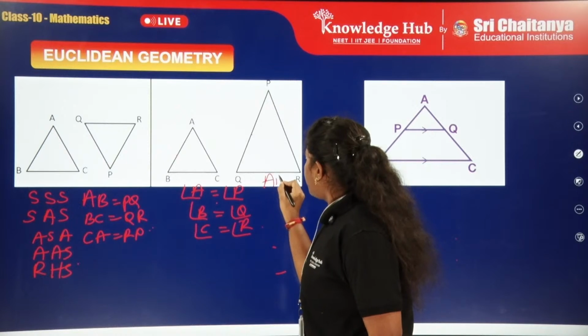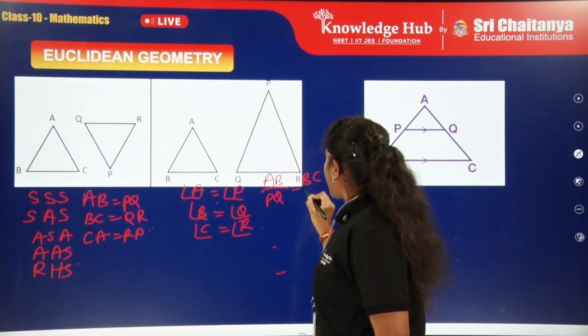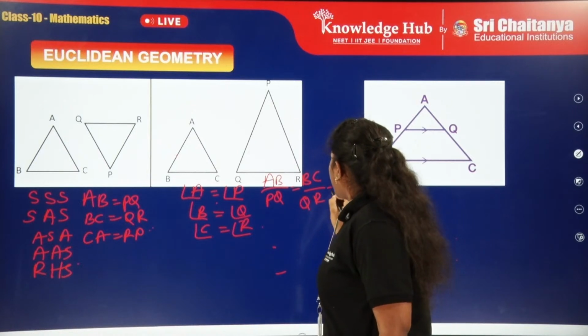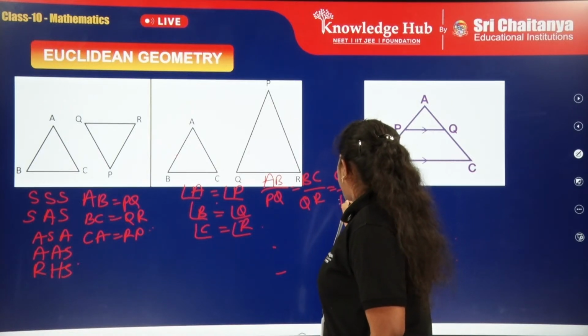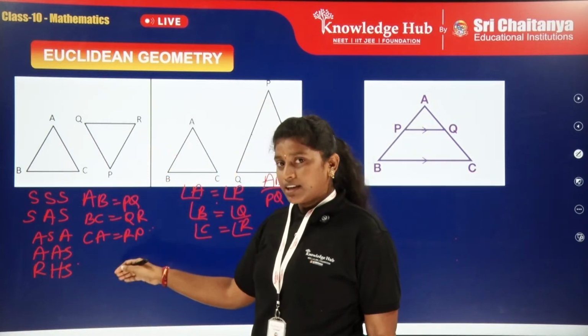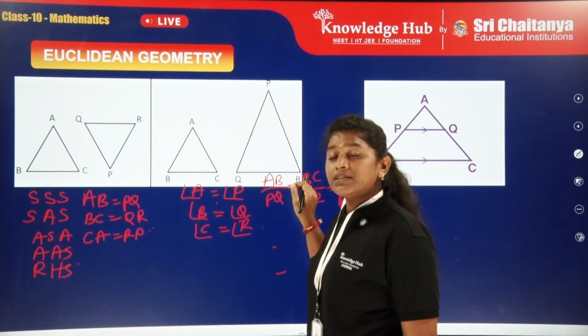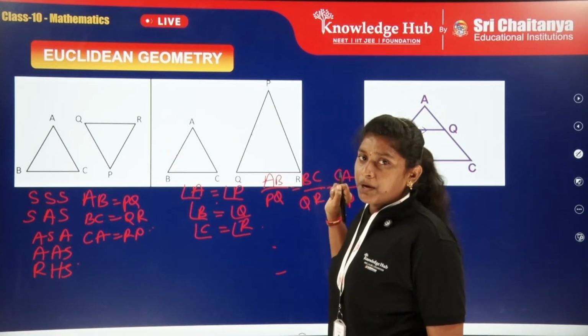So now the ratio of AB by PQ will be equal to BC by QR, which will be equal to CA by RP. Here, in congruency, we take the sides directly equal, but here we are going to take the ratio of these sides as equal. That means the sides are in proportion.